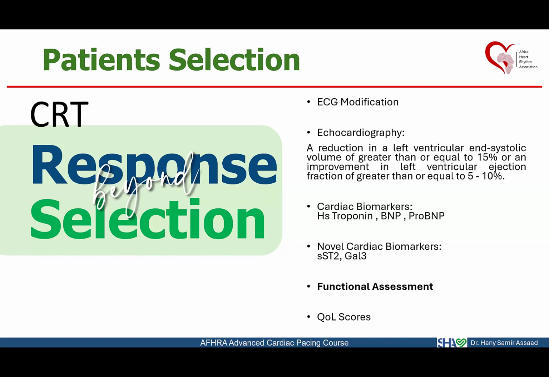Cardiac biomarkers, improvement of proBNP, for example, novel cardiac biomarkers like the soluble ST2 or galectin-3. But the most important is the functional assessment, the patient symptomatology, the prevention of rehospitalization, either by clinical assessment or using quality of life scores.